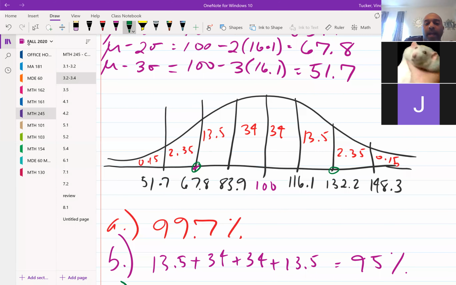What I would do is add up the percentages in between. So 13.5, 34, 34, and 13.5 gave you 95%. You could actually ask that about any of these. You could say, what's the amount of data you expect to be between 83.9 and 148.3? And you would just add up the percentages in between those data sets.